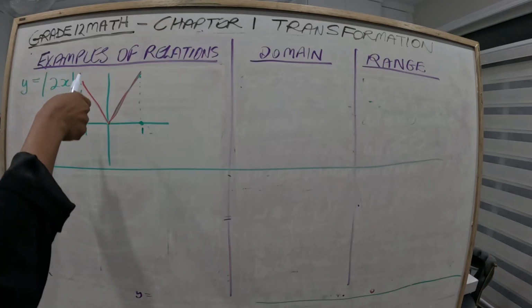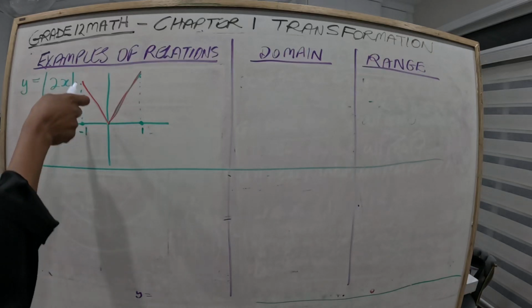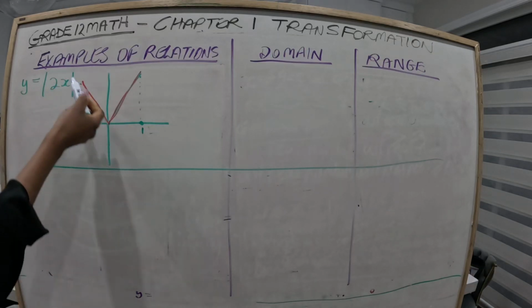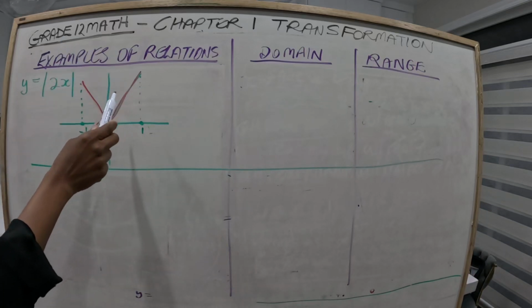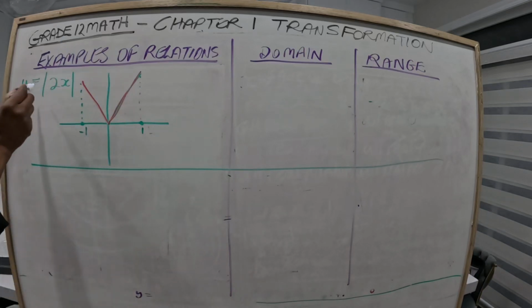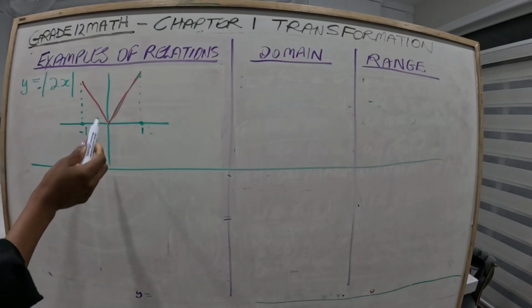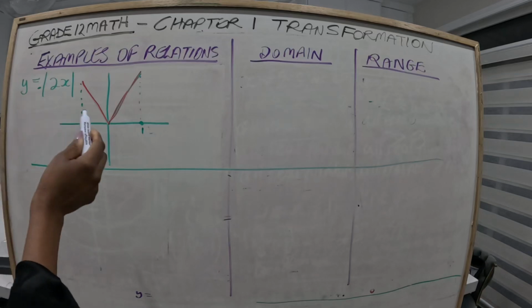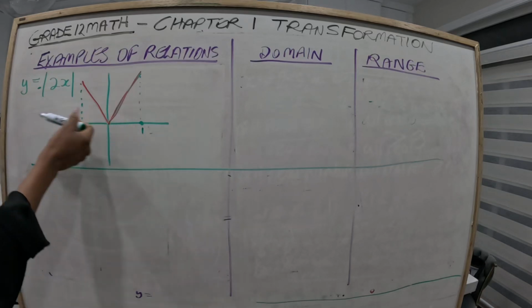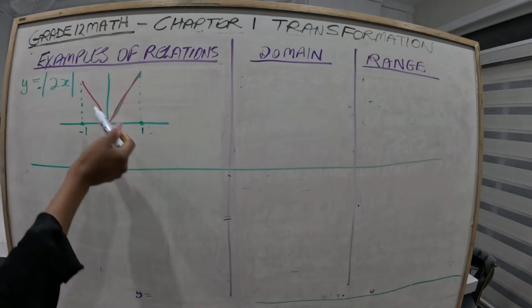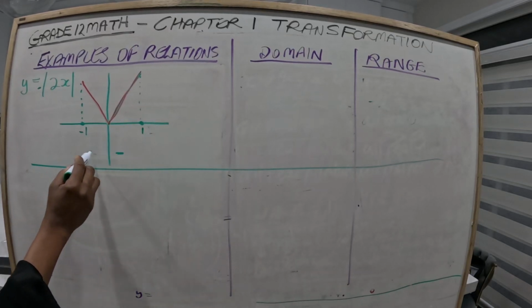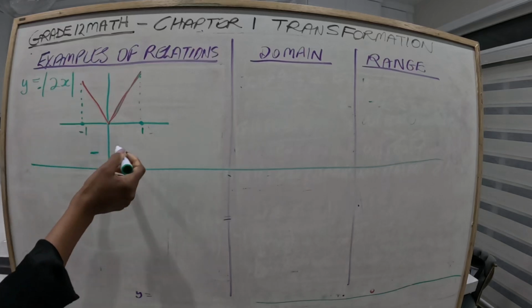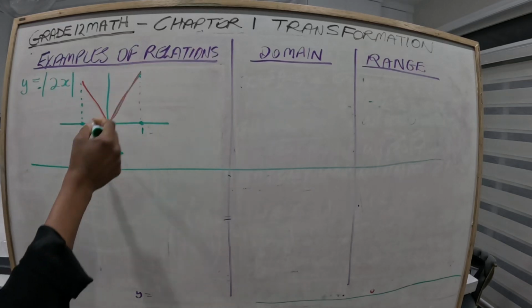But y might be negative, right? Because this is the negative quadrant. Sorry, y would never be negative, but x can be negative, because the value of x can be negative out here. So when x is negative in this region, y will always be positive, because this is the negative region for y, okay? And y will never be down here, which means it will always be positive.